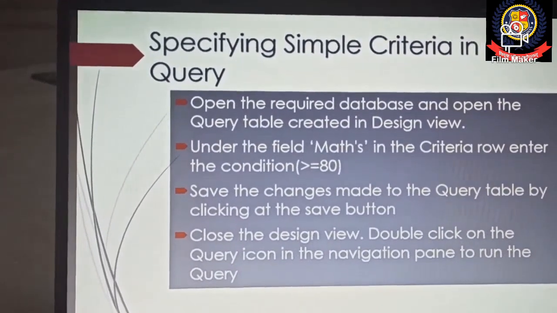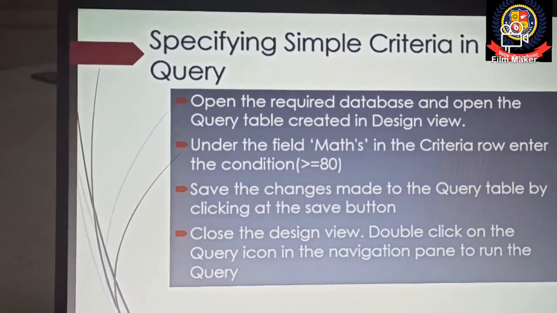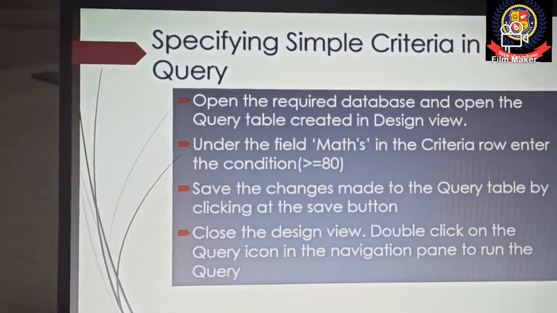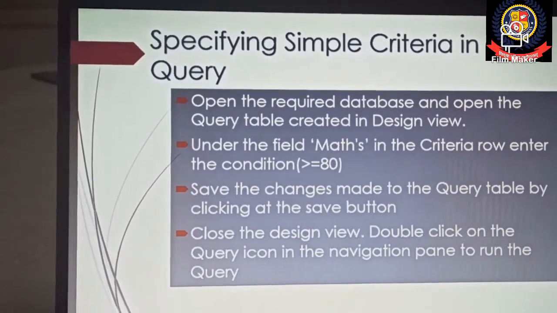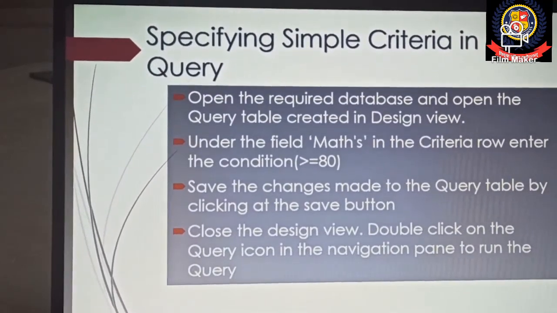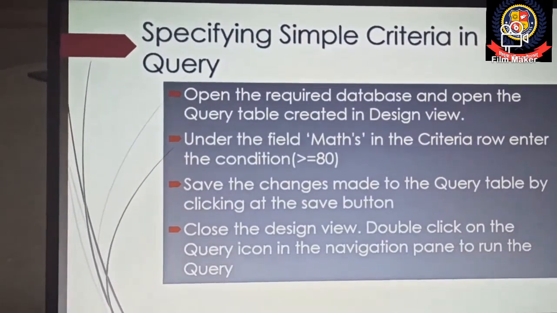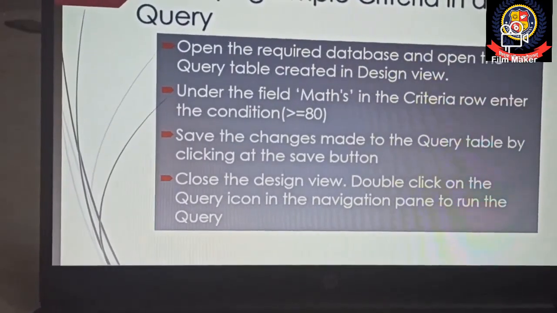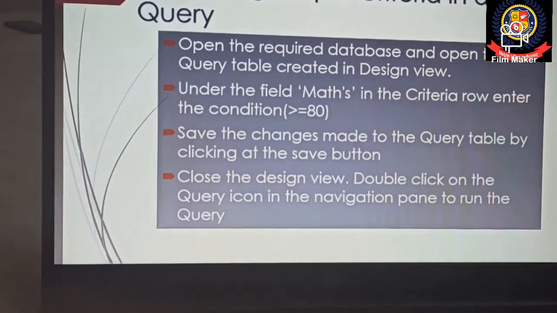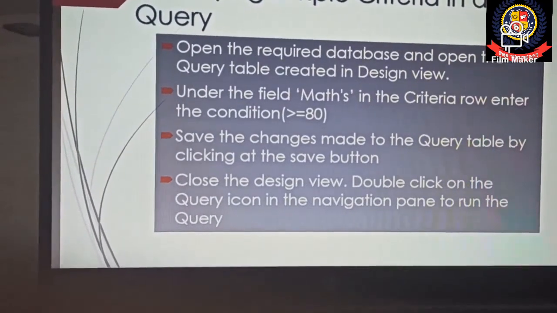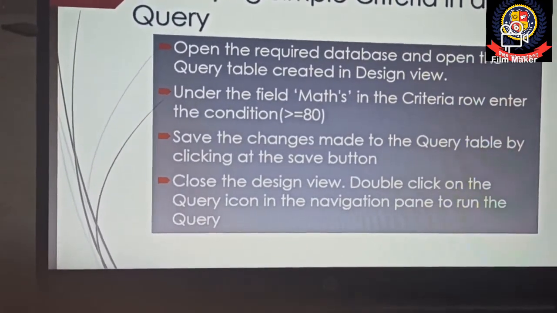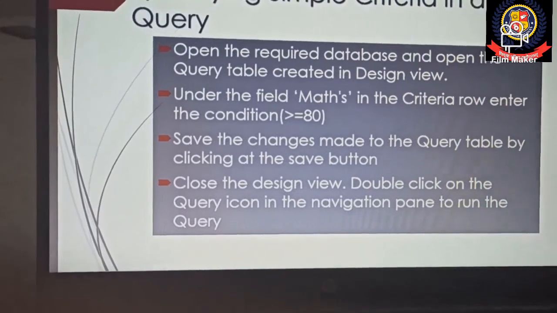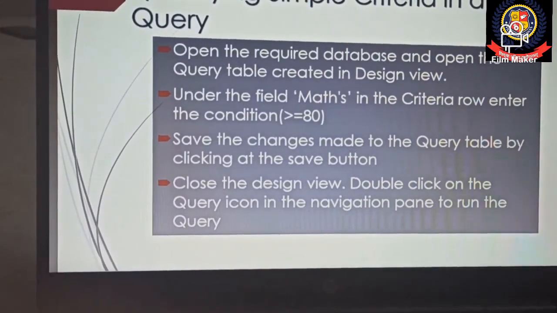Clear? Now after putting the criteria, save the changes made to the query table, and then close the design view, and then double click on the query icon in the navigation pane to run the query. Once you set the criteria in the Maths field, you need to save by clicking on the save button.